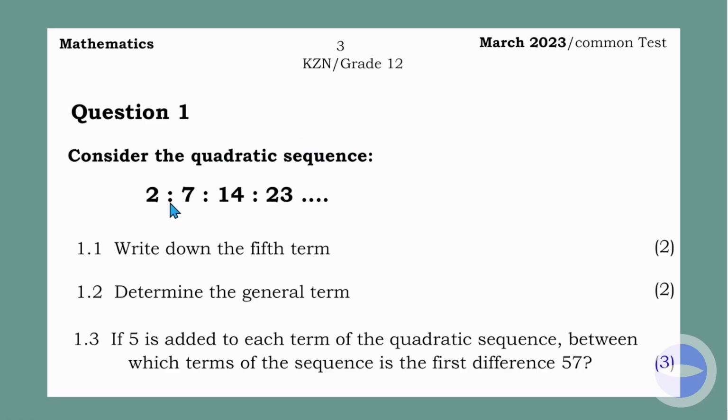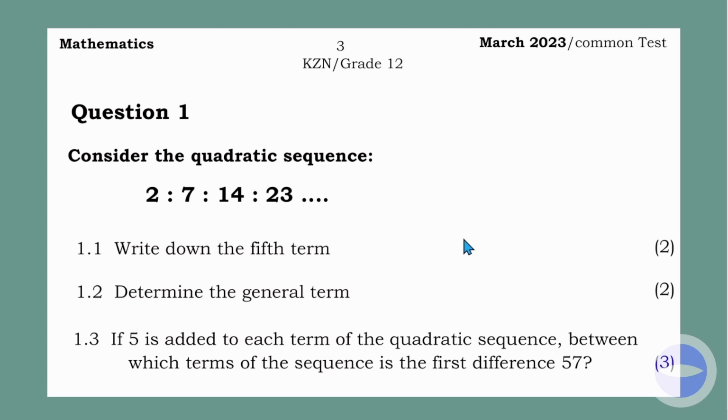So this is the question. The question happens to be on page 3, Mathematics KZN Grade 12, March 2023. So here is the question. Consider the quadratic sequence. Firstly, we must know what kind of sequence a quadratic sequence is.